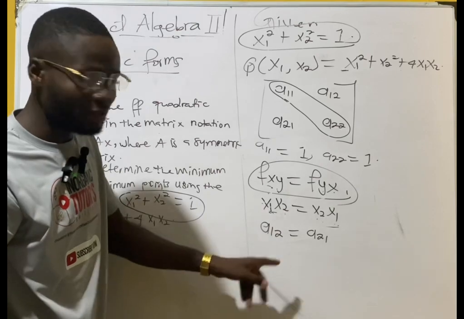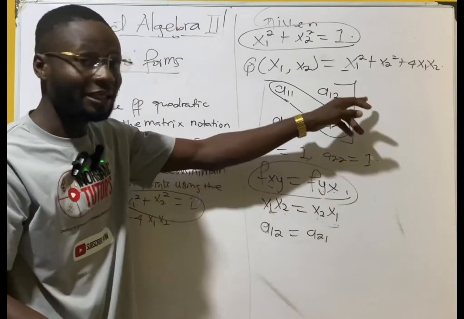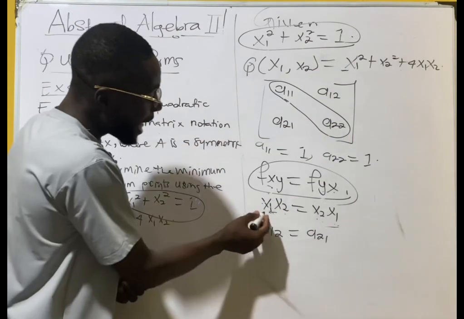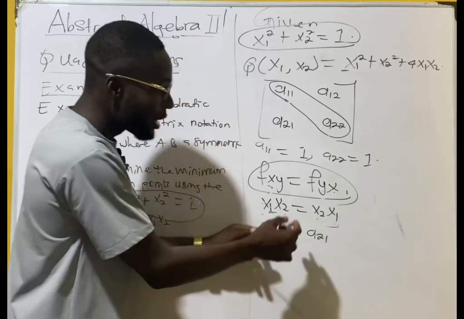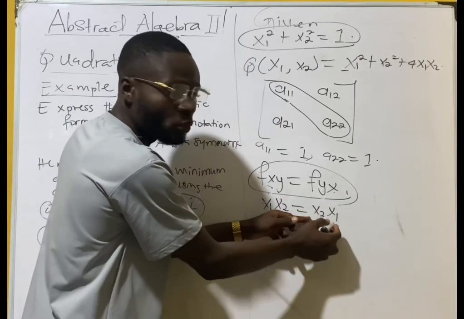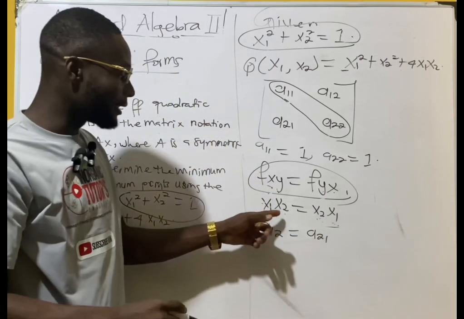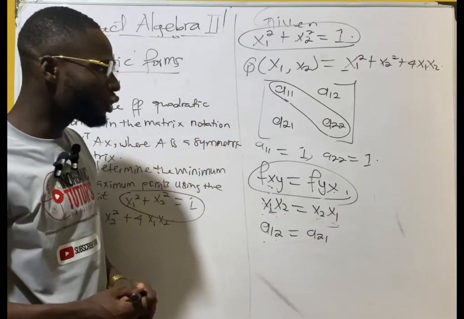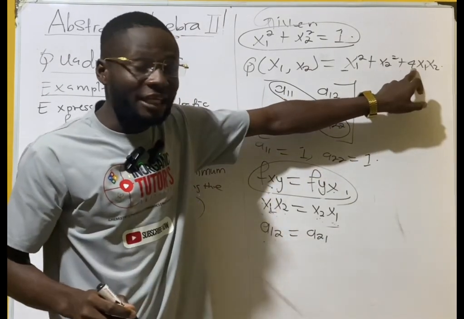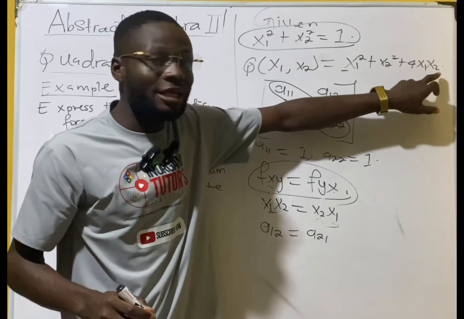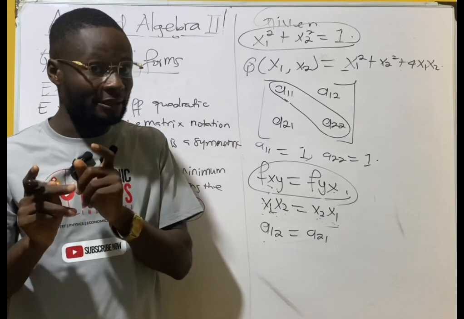It's the same notation; it's just that we are using A in the matrix and we are using x in the quadratic forms, right? So x1x2 is basically A12, and x2x1 is basically A21, right? And we know that these two are the same. So if they are the same, then any coefficient that we see there at x1x2 will be divided, or shared, between these two elements.